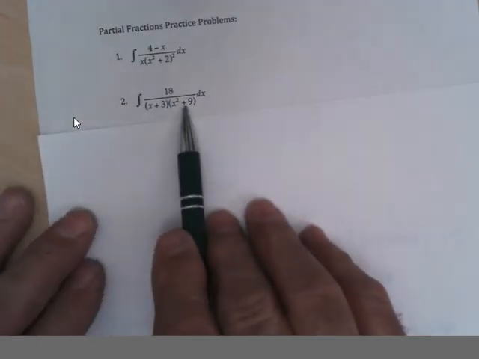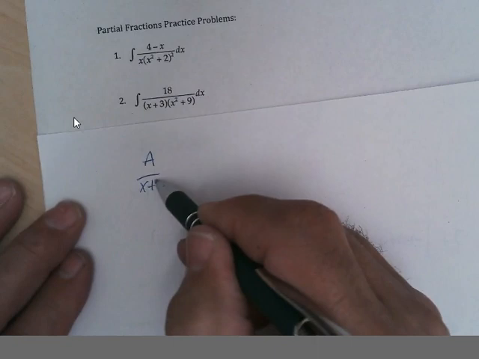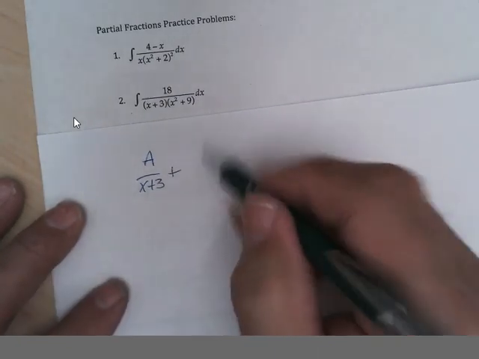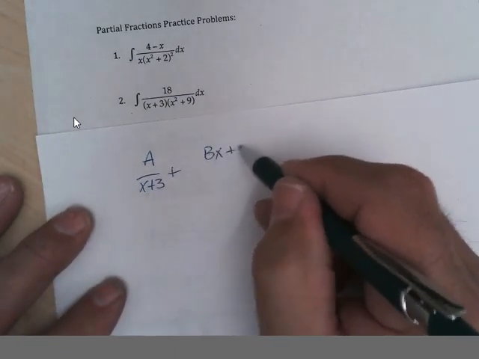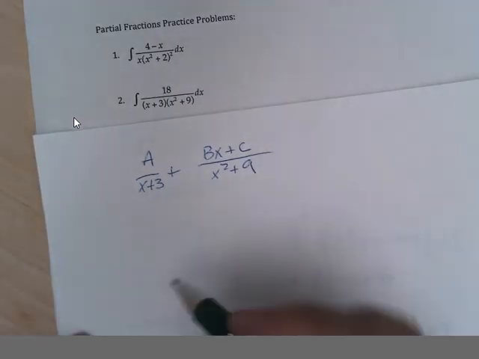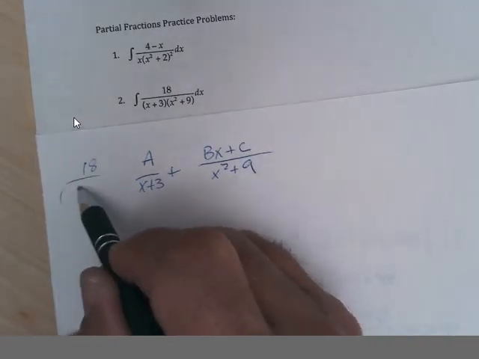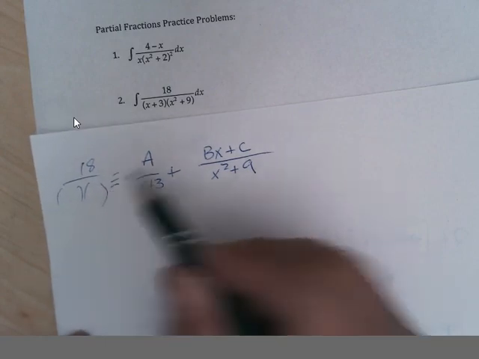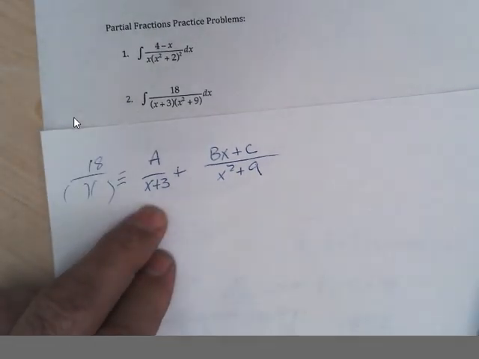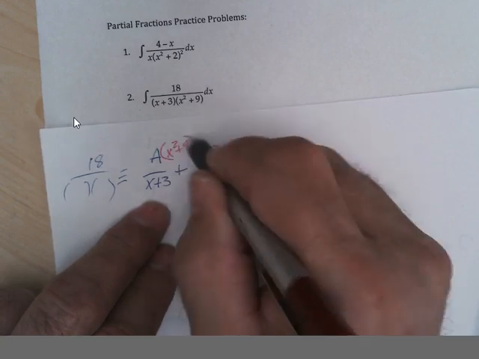So this is a linear and a quadratic factor, so we got A over x plus 3 plus Bx plus C over x squared plus 9. And that's got to be 18 over those two things, identically equal. So this one has to be multiplied by x squared plus 9.